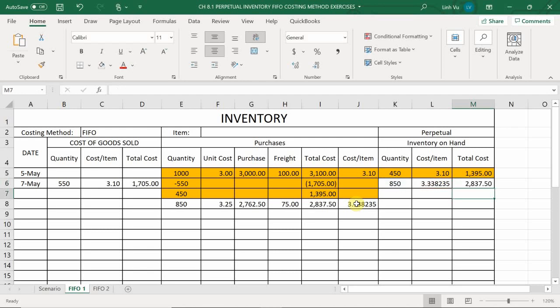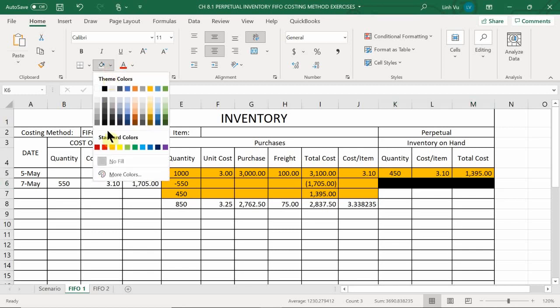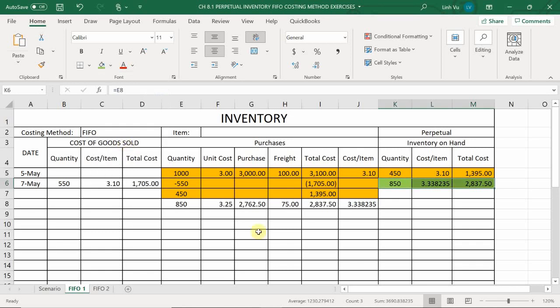At $2,837.50. And I'm going to make this color green.